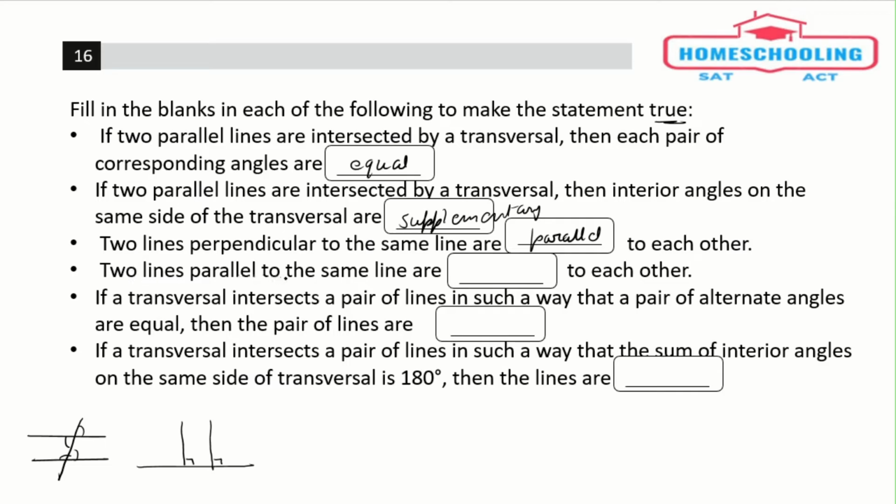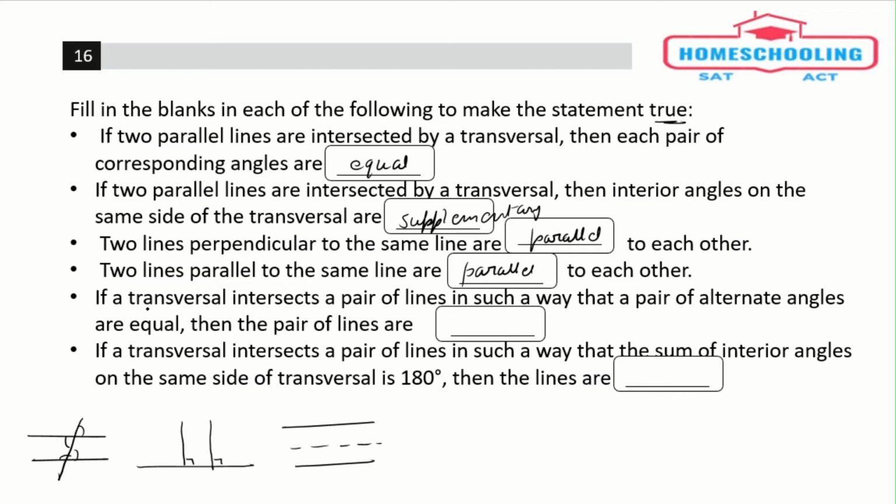Now two lines parallel to the same line. So these are two lines and this one is another line. Two lines parallel to the same line are parallel. So all these three lines would be parallel to each other.